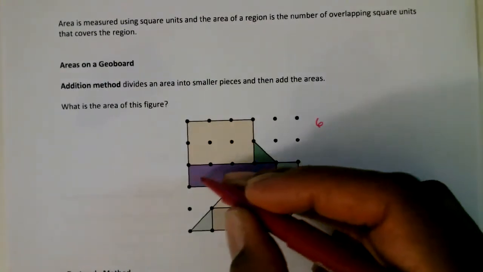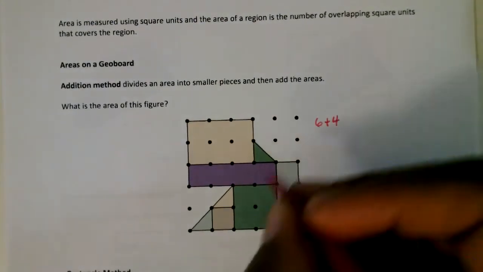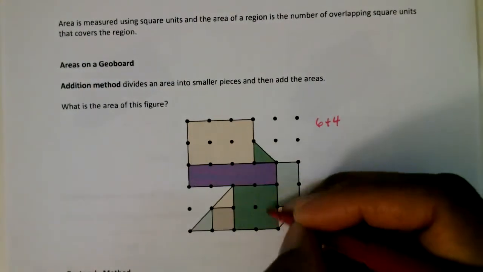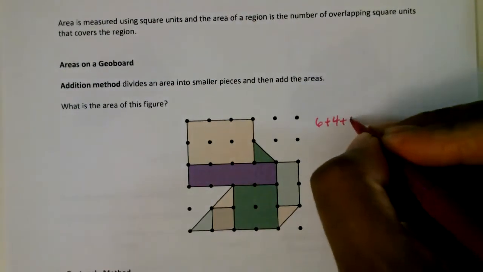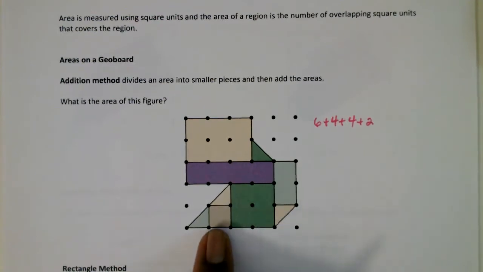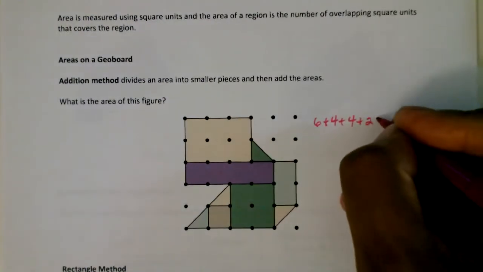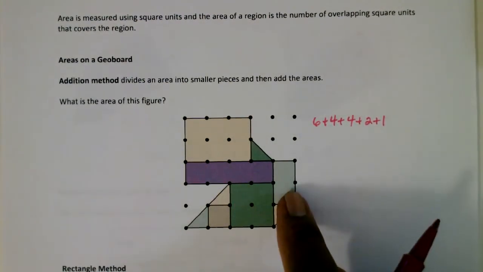And then for the purple one, there's 7, 8, 9, 10. Actually, there are 4 of these, so we'll add 4 to that. And then for this dark green, 1, 2, 3, and 4. And for this one, 1 and 2. And if there are triangles here, let's see. Oh yeah, there's one more here, so it'll be plus 1. So I got the 6, the 4, the 1, the 4, and the 2.